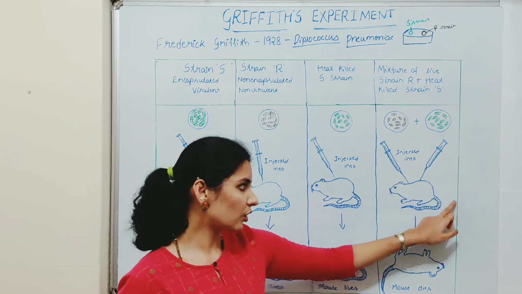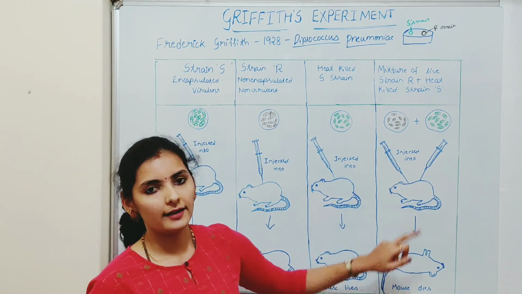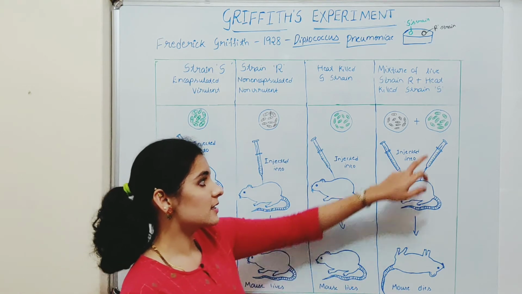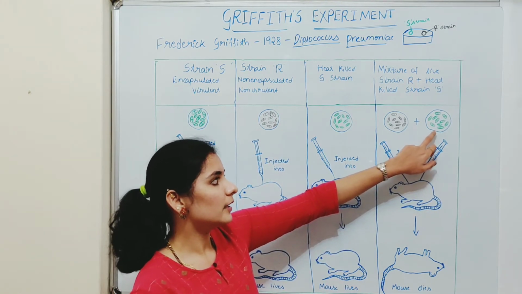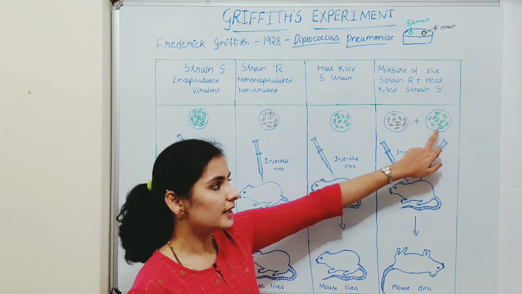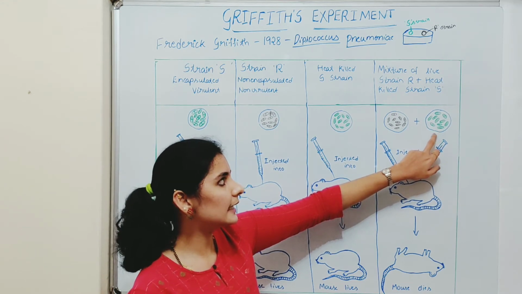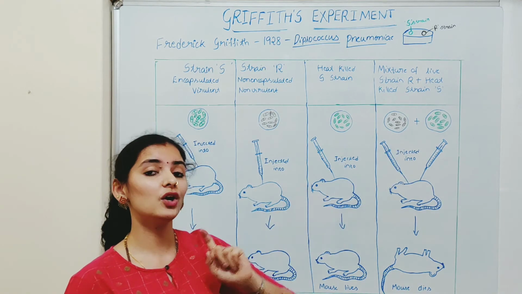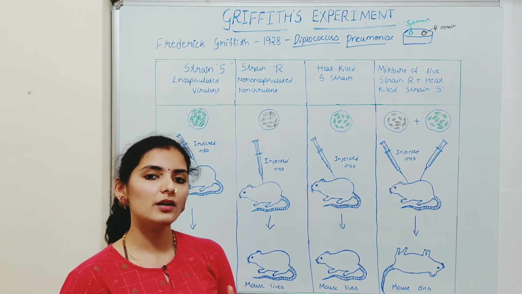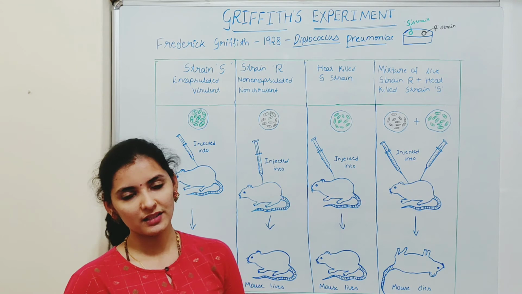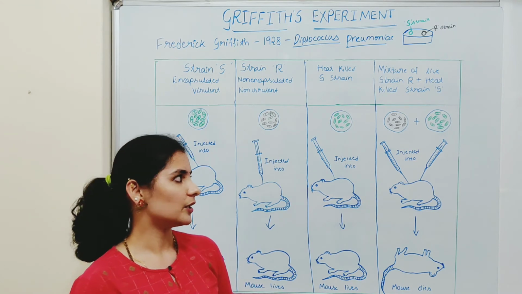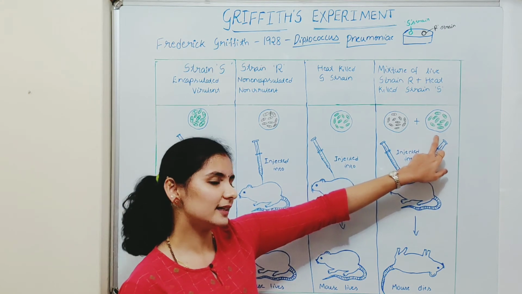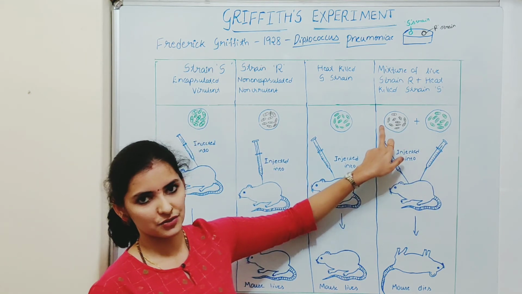Because of that it causes pneumonia and the mouse died of pneumonia. But Griffith could not explain what the chemical nature of the transforming principle was.